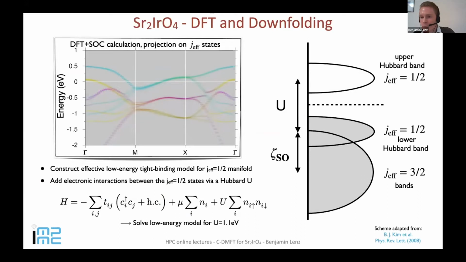This has to do with the fact that we already included the spin orbit coupling when doing the DFT. So what you see here for the spectral function, for the electronic structure, already includes the spin orbit coupling. Afterwards, we map onto a tight binding-like model by using Wannier functions.